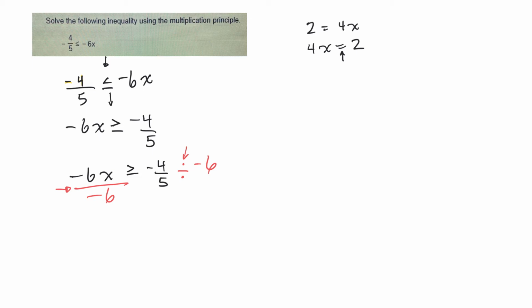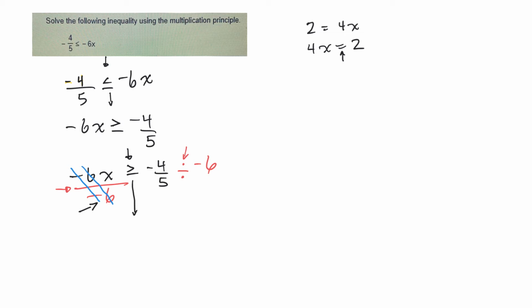So on the left side, these are gone. On the right side, I've got two things I have to worry about. One of the rules when using an inequality like this is that if you divide by a negative number, you have to change the inequality.